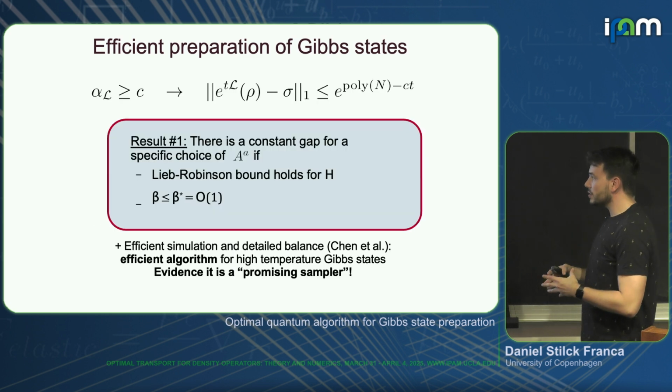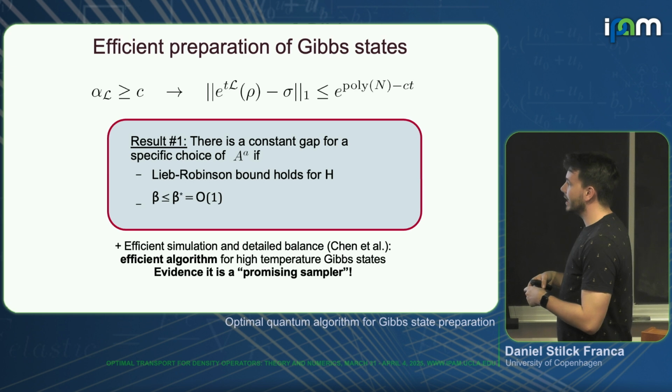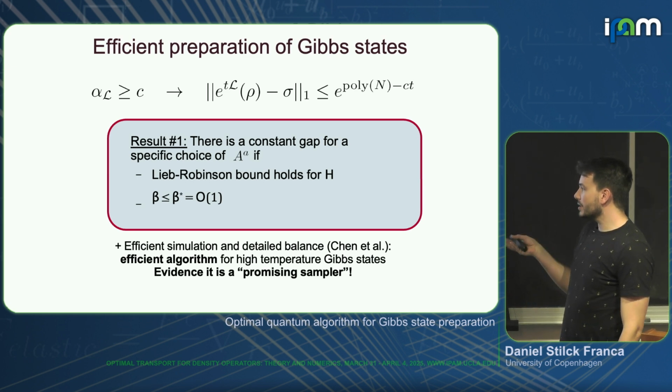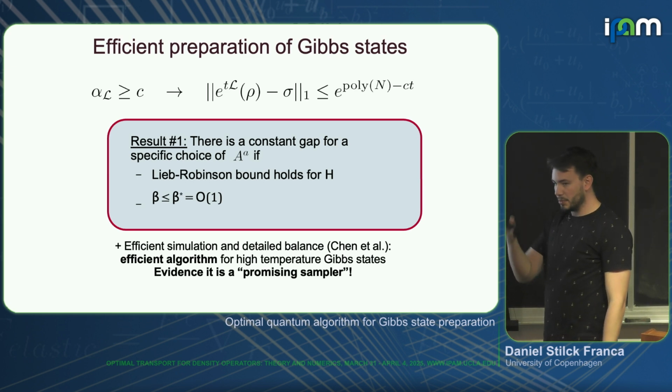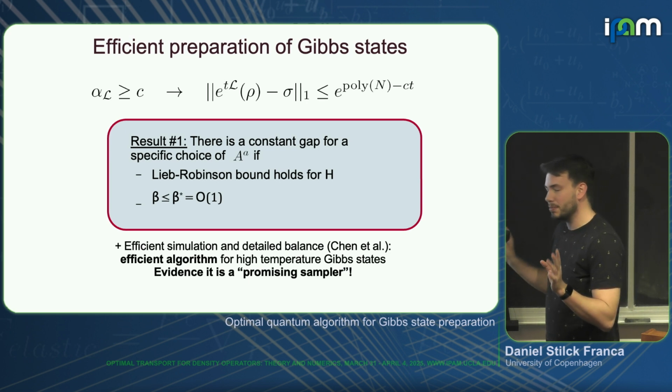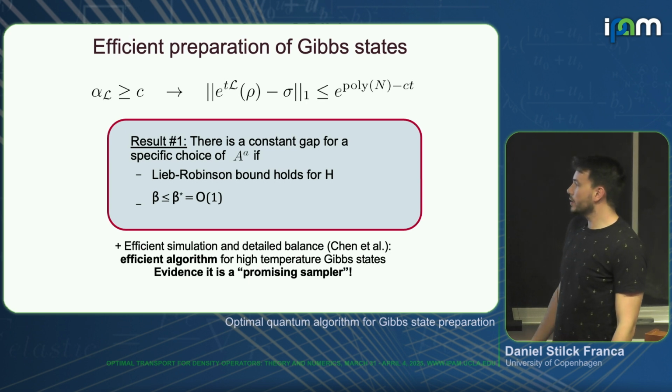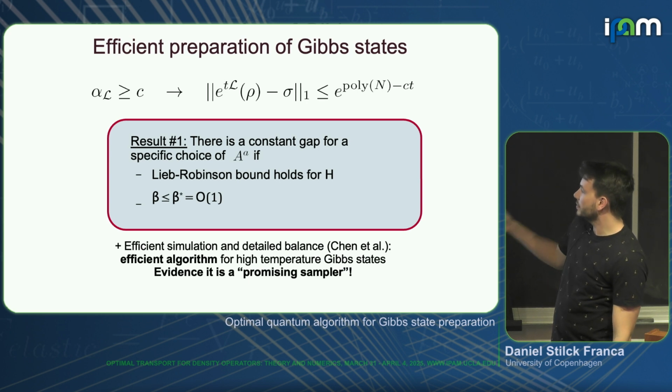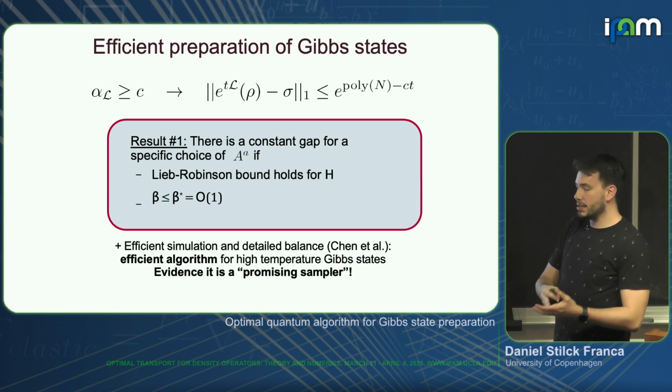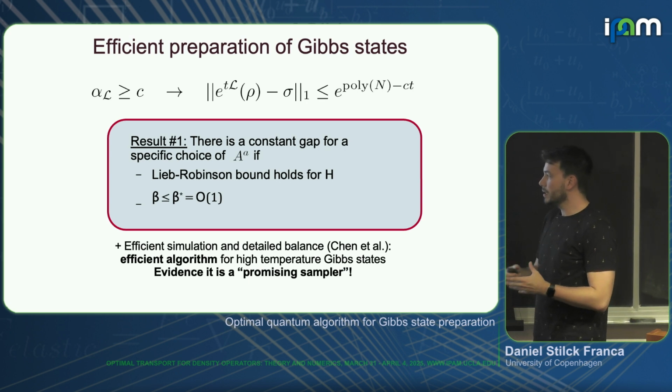Now, our first result is that for a choice of A, going back to your question, essentially one-qubit Paulis, this spectral gap is a constant. So the C over here is a constant that is independent of the number of qubits.